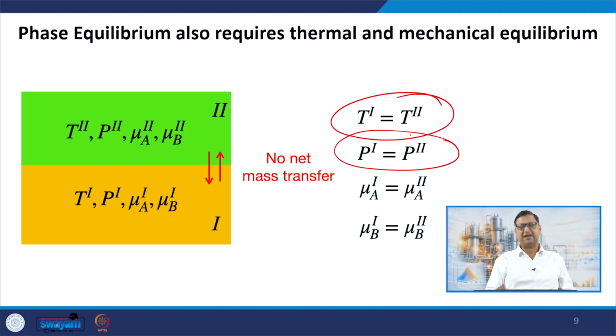So, if I do, let us say, start with hot oil in cold water, in the beginning the temperatures are different, the pressures can also be different in principle, but temperatures definitely are different and chemical potentials are also different. In that case the temperatures need to become equal, pressures need to become equal, and the chemical potential of both oil and water in the two phases should become equal, right.